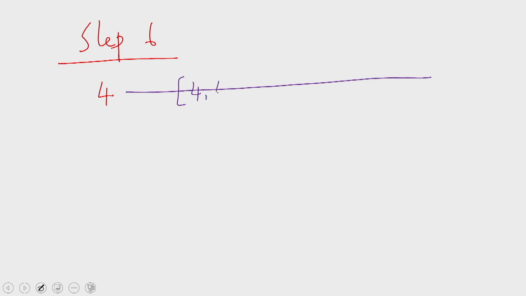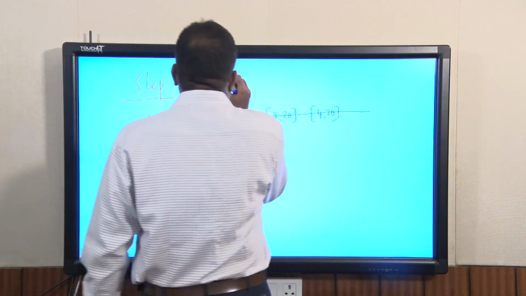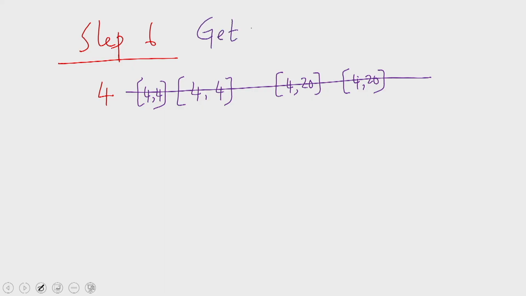For example, for every self loop, we have entries of the form 4 4, and there could be multiple self loops and multiple entries like this. Now, the next step is to get rid of the redundancies. In step 6, we try to get rid of the redundancies.